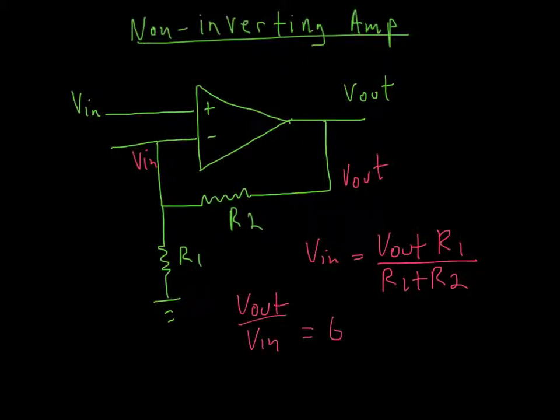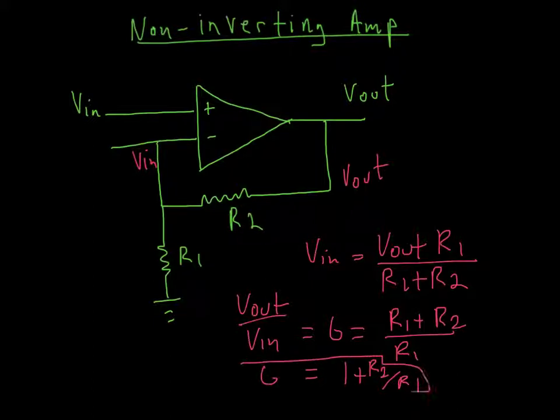That'll equal G, and that's going to be equal to R1 plus R2 divided by R1, which is going to be equal to 1 plus R2 over R1. Let me box that there. A little cramped, sorry about that. There we are. So the gain is almost the same as the inverting one. Remember, the gain was negative R2 over R1. It flips it, and this one is 1 plus R2 over R1.